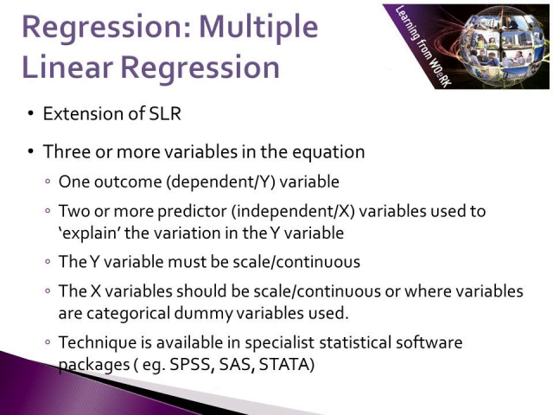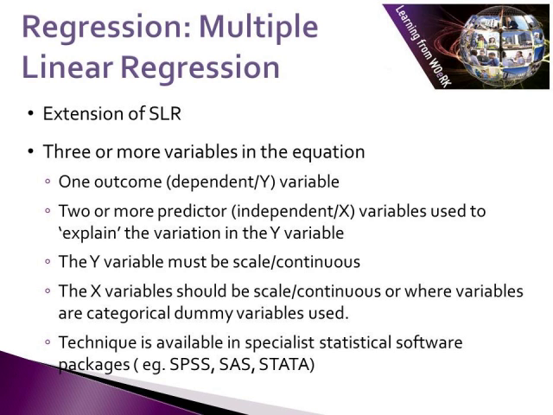So, multiple linear regression. Multiple linear regression is essentially an extension of simple linear regression. This is where we have 3 or more variables in the equation. We have one outcome variable, our dependent or y variable. We have 2 or more predictor or x variables, our independent variables. They're used to explain the variation in the y variable.